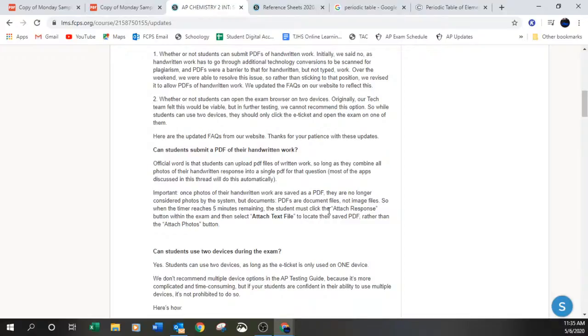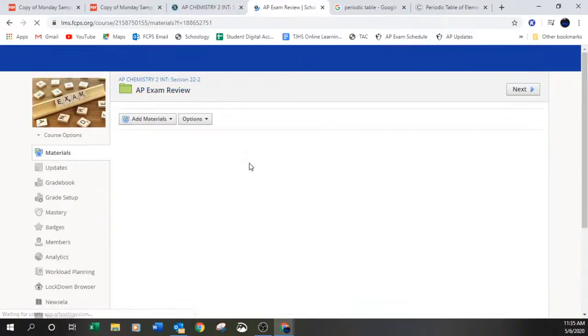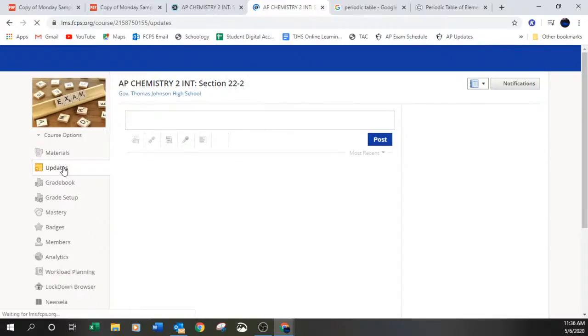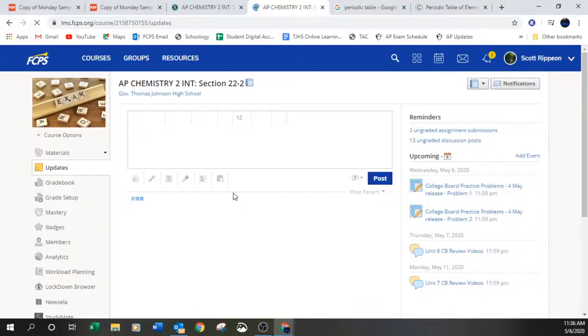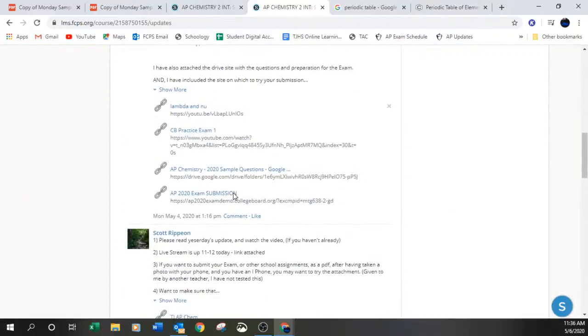So if you haven't practiced submitting a document, you want to make sure that you're going into the correct space. If you haven't tried that submit thing, let me show you where to find that. I believe I placed it in updates, and I think I will also make that an assignment in the near future.